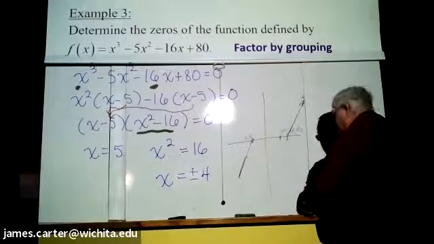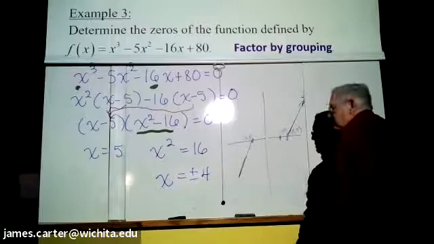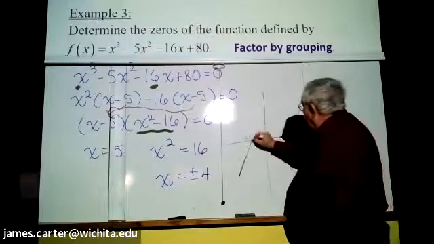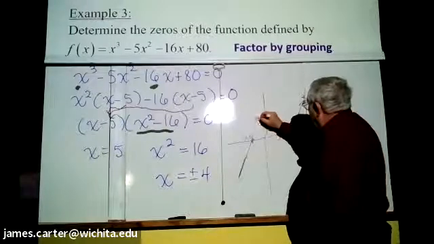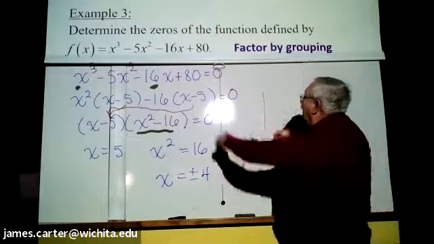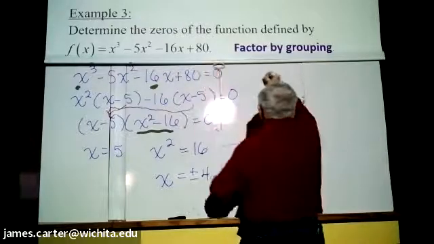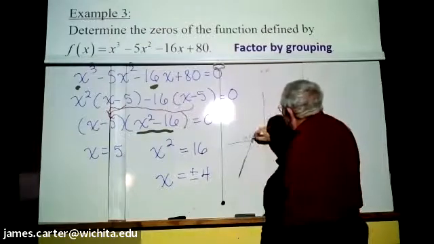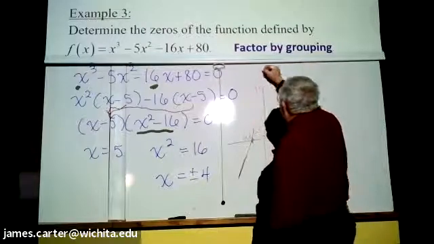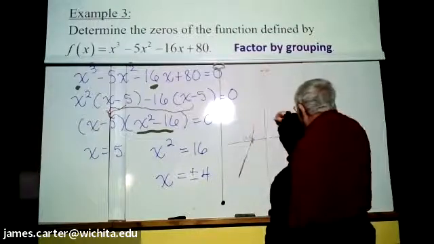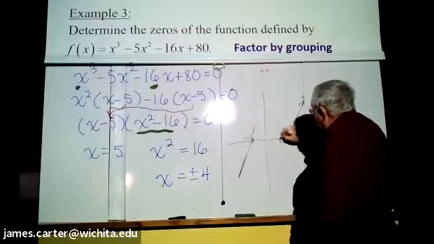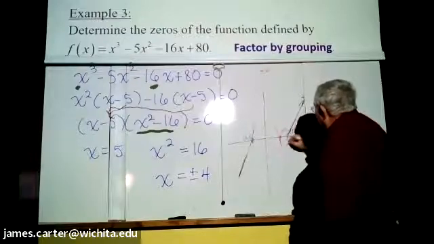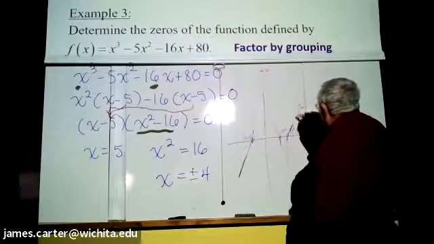What that means for us is that this graph will come up here somewhere at positive 80, all the way up here. This thing's going to be coming in pretty steeply. Then it's going to be coming back down through this point and then back up through this point.